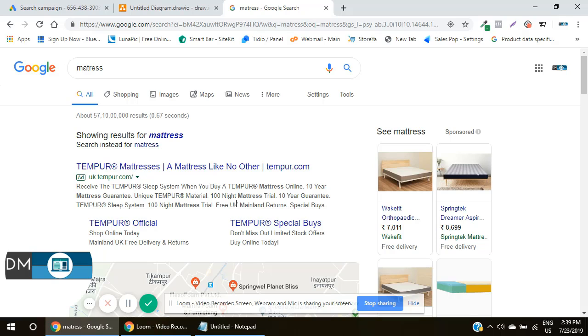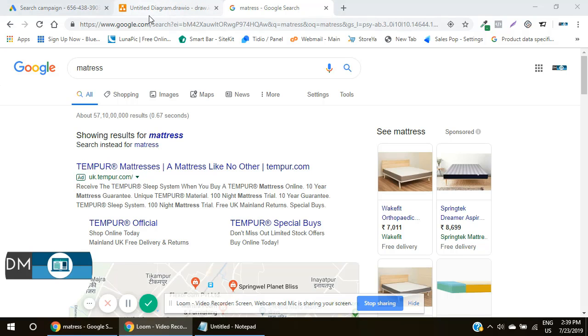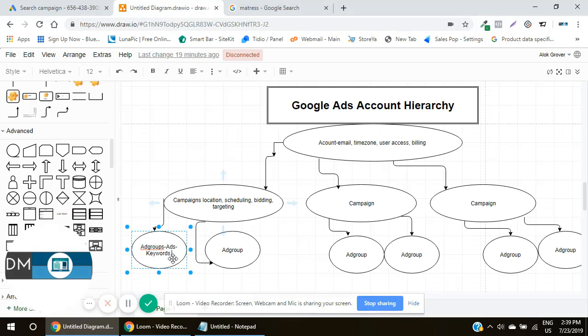Once the user uses this same or a similar search query as a keyword, like mattress or something like that, this particular ad gets triggered and it gets in front of that particular user. Both these contents pertain to ad groups, the ads as well as the keywords.